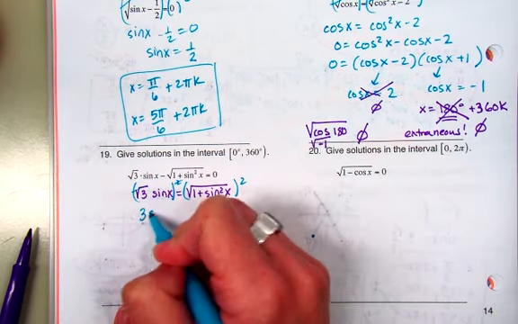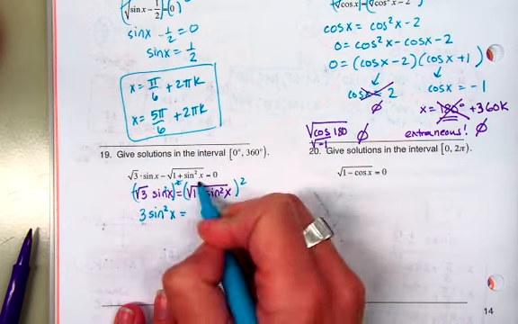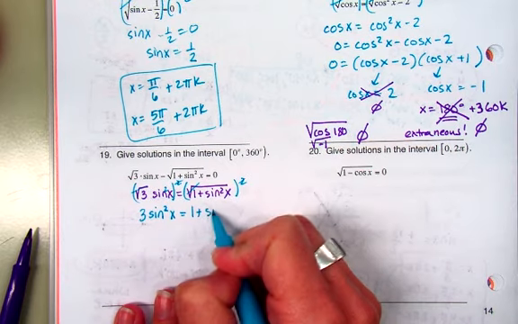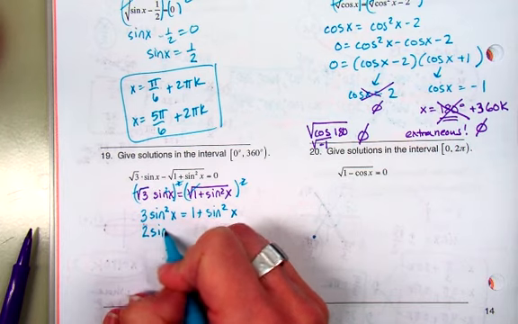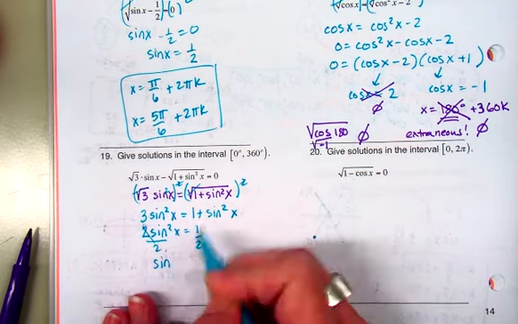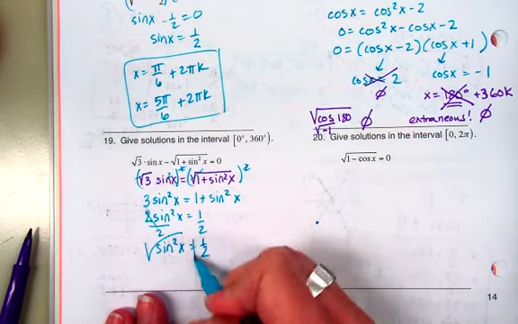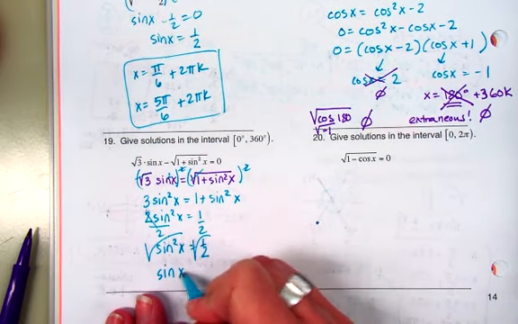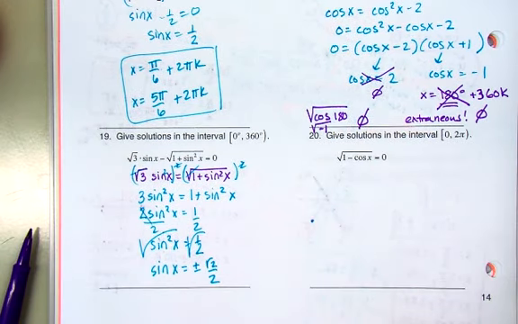So then I'll have 3 times sine squared x, because that'll get the square, right? This will cancel 1 plus sine squared x. Let's move stuff around. So I'll have 2 sine squared x equals 1. So I'll have sine squared x equals 1/2. And I take the square root, and I end up with sine of x equals plus or minus root 2 over 2 after I rationalize.